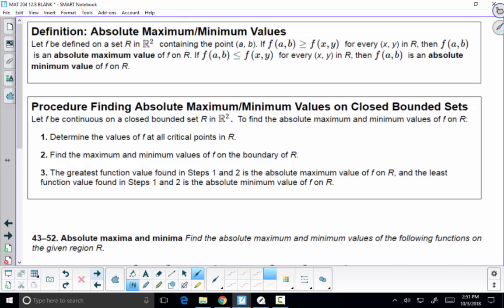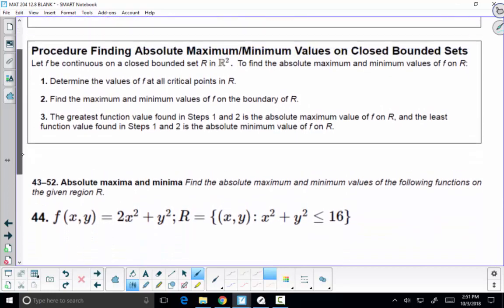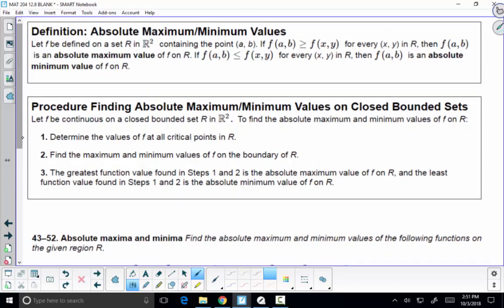If there's one critical point that corresponds to a local min or a local max, it's going to be absolute. Now, in Calc 1, you did something called the extreme value theorem. Do you remember it? I remember hearing it.